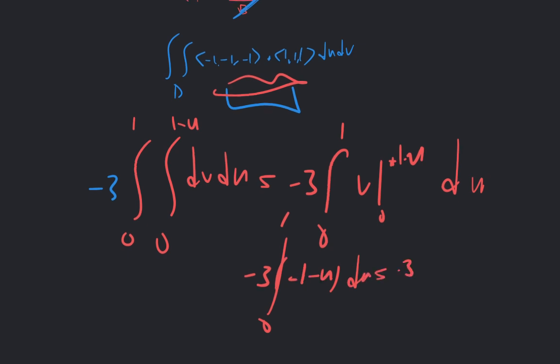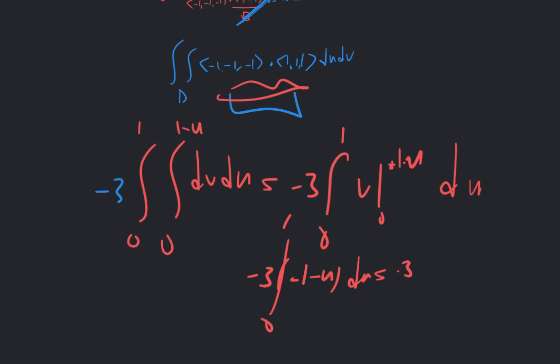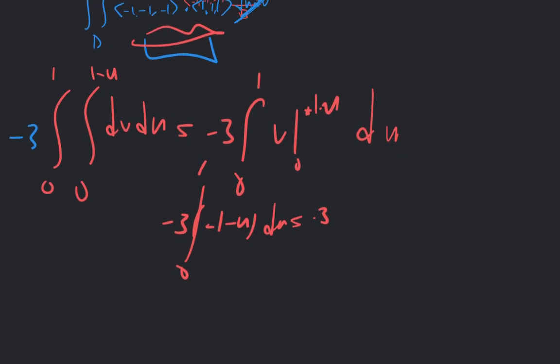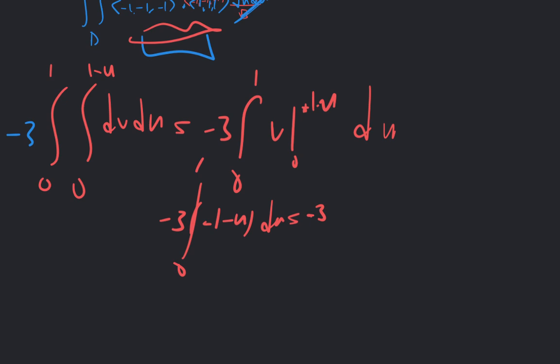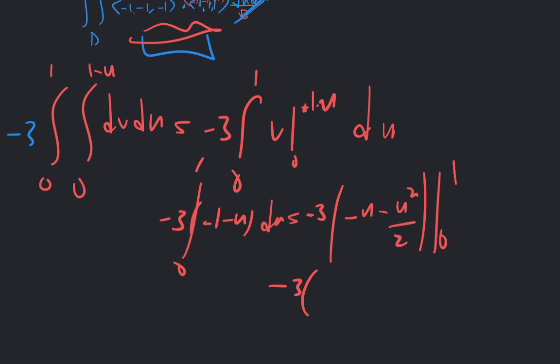-3 times u minus u squared over 2. So -3 times, this is evaluated from 0 to 1, 1 minus 1/2.